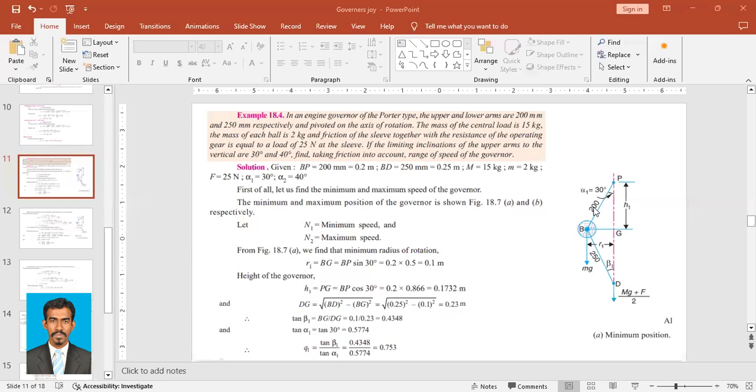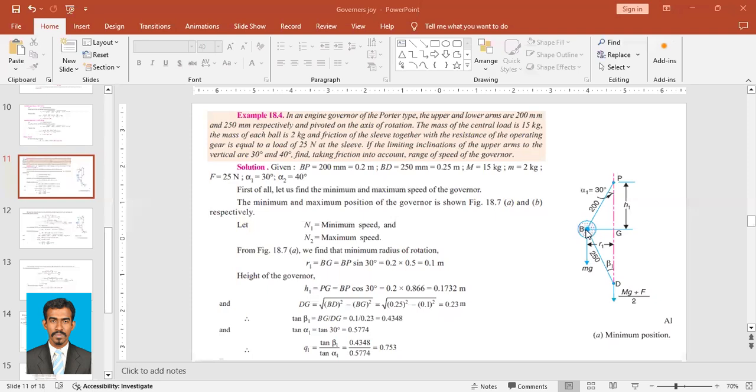BP is 0.2, cos 30 is 0.866, so 0.2 into 0.866 is 0.1732 meter. This is the height of the governor and this is the radius.